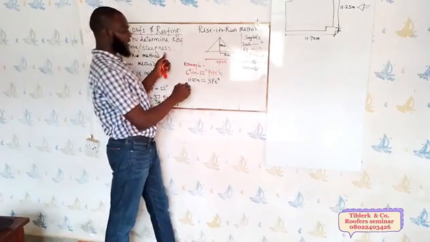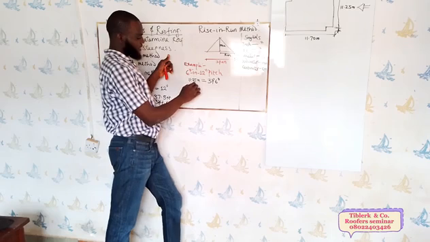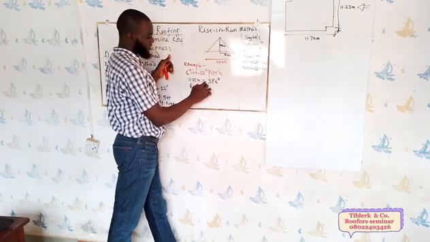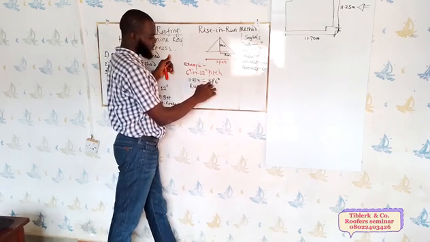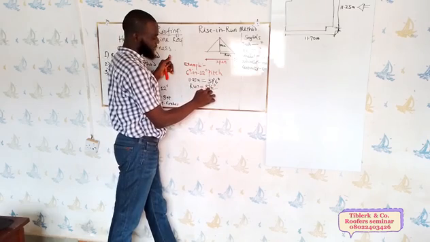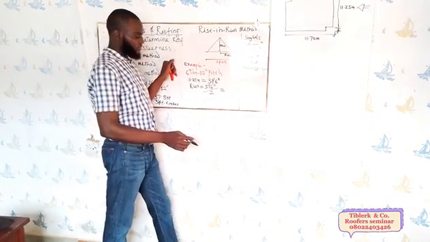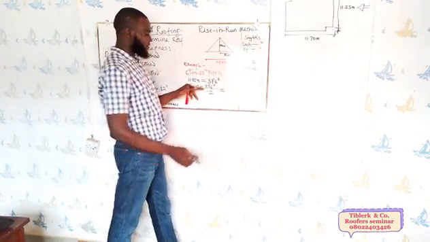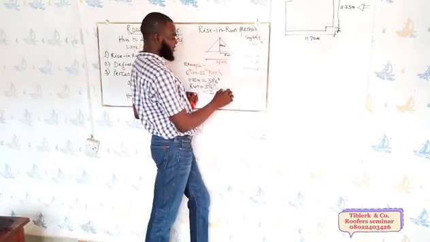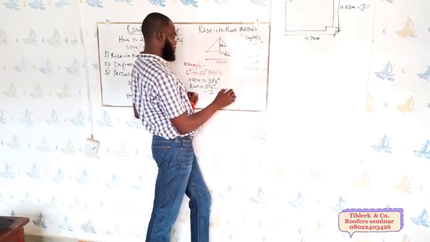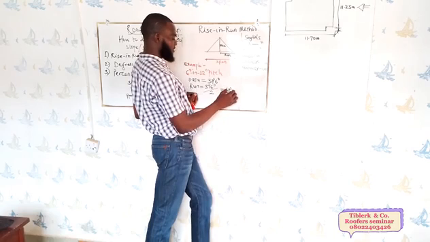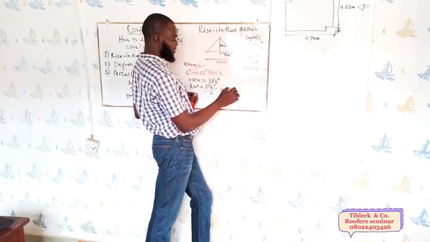So for us to get our run here, we are going to use this 37 feet 6 inches divided by 2, and that will give us what? Half of this will be 18 feet 9 inches.